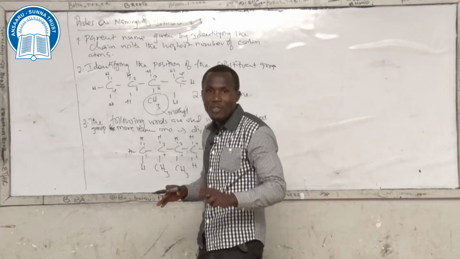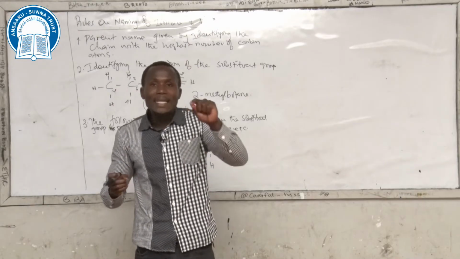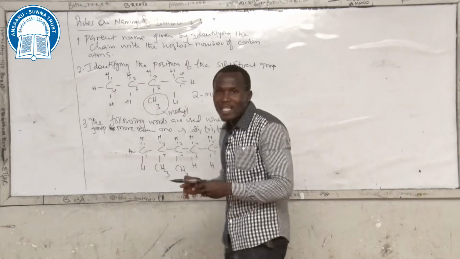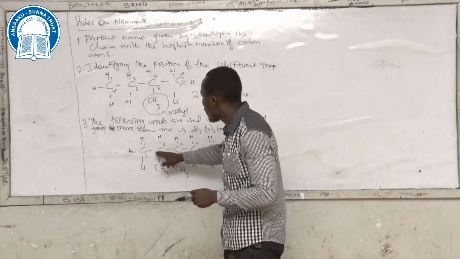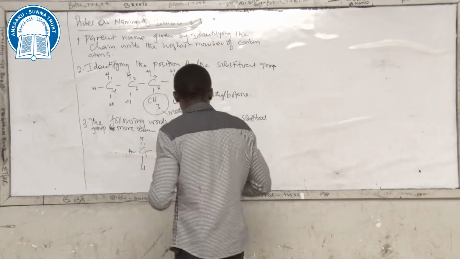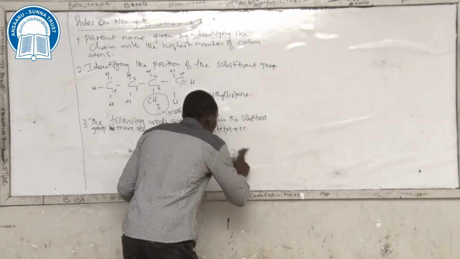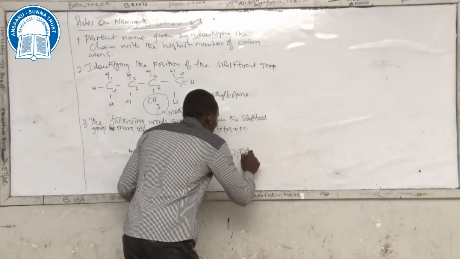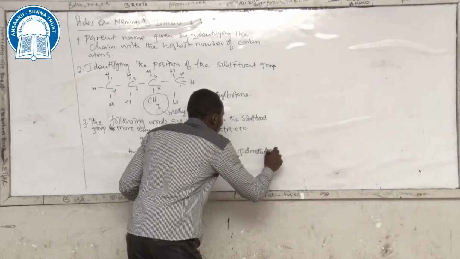Since we have two methyls, we name it 2,3-dimethyl. The parent name has 5 carbon atoms, 1, 2, 3, 4, 5, which is named pentane. Therefore, we name this one as 2,3-dimethylpentane.